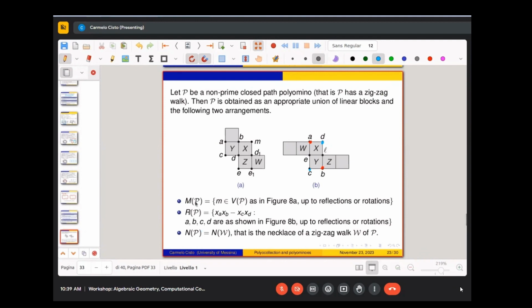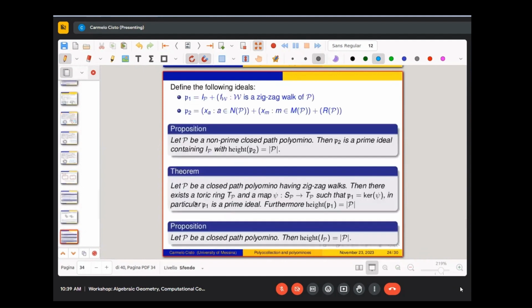So I use these three sets to define two ideals. The first ideal, which I call P1, is the sum of the ideal associated to the closed path, plus the ideal generated by all the binomials associated to the zigzag walk.